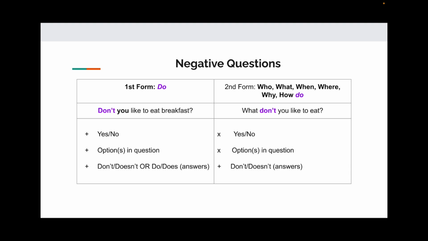When it comes to second form questions with sentence starters such as who, what, when, where, why, or how, you cannot answer these questions with yes or no. They typically don't have options in the question, but you can use don't or doesn't in your answer depending on the subject used.